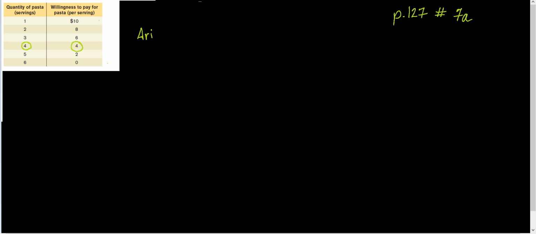So we need to consider that the way that this table works is that Ari goes to, say, a food court. He orders 1 bowl of pasta. Now, his first bowl of pasta, when he orders it, he's pretty hungry. So he's actually willing to pay $10, which is more than he otherwise would be willing to pay, because he's really hungry.